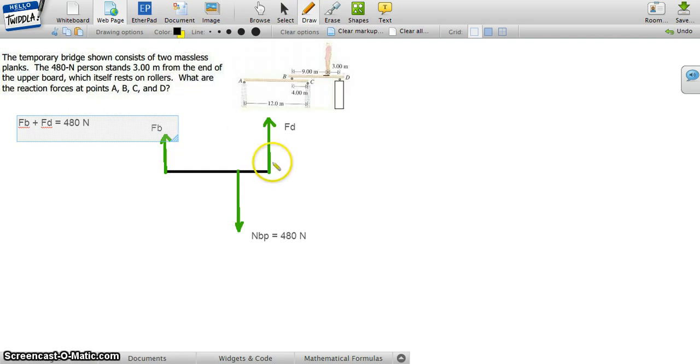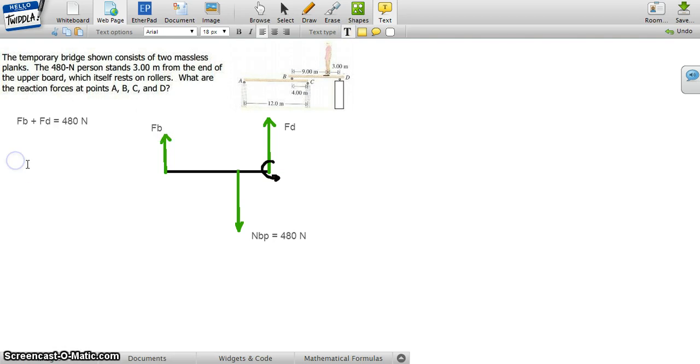It really doesn't matter. I'm going to choose this end. Could have chosen the other one. Actually, I could choose anywhere. It's just easier at the ends to solve it. So the torque from B would be equal to the torque from that normal.